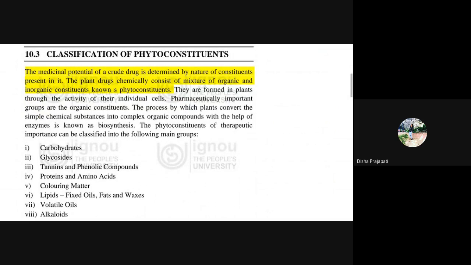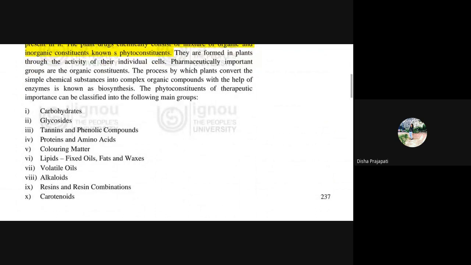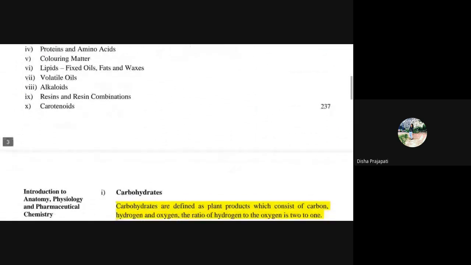The main phytoconstituents can be classified into these groups such as carbohydrates, glycosides, tannins and phenolic compounds, proteins and amino acids, coloring matter, lipids, volatile oils, alkaloids, resins, and carotenoids.